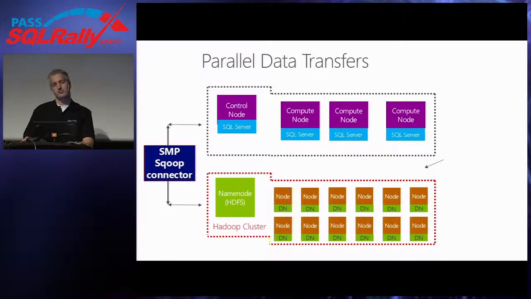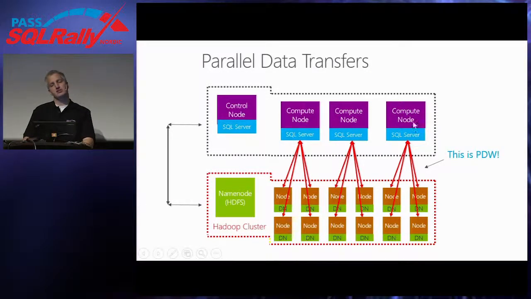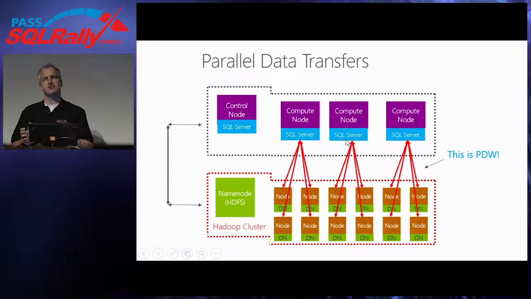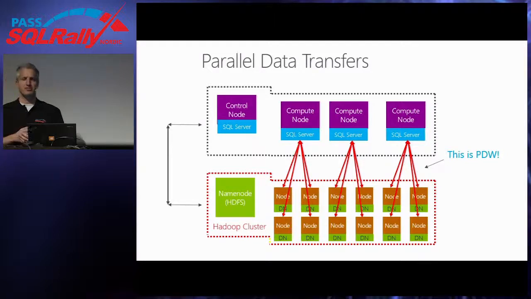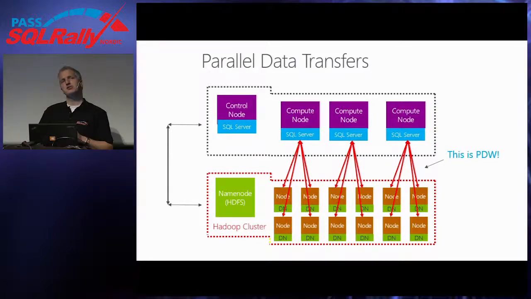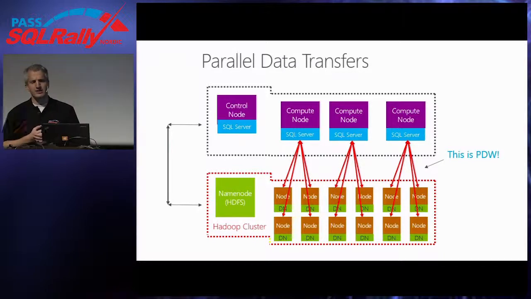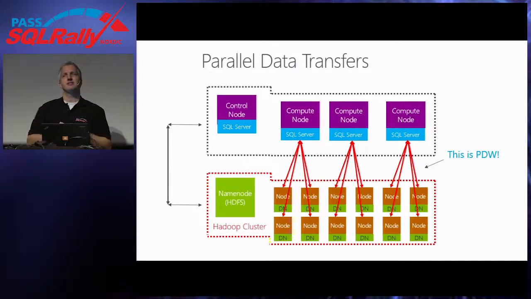Now with PDW, on each of the compute nodes, we have a service running called the data movement service, the secret sauce of PDW. The data movement service can open up a connection to each of the data nodes in Hadoop and grab the data by itself. So it doesn't need to go via the front door. It can go via the back door and grab the data really fast.